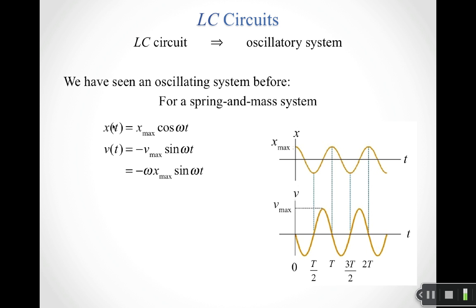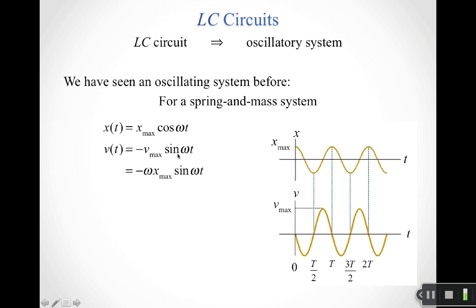When I take my mass, connect it to a spring, and pull it away from equilibrium, its displacement from equilibrium as a function of time is given by this equation, where there's some maximum displacement, or the amplitude, that you pulled it away from. And then there's this cosine term with omega t, where lowercase omega is what's known as the angular frequency.